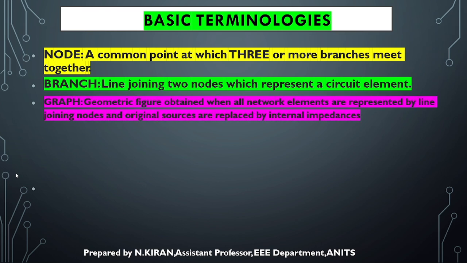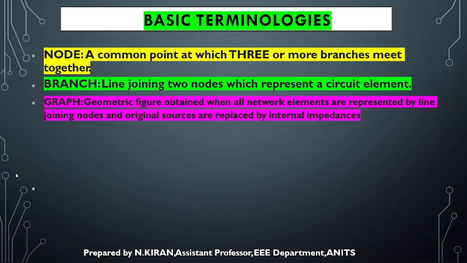Next, graph. So when you are given an electrical circuit, every element in that electrical circuit I have to replace by a line segment. That is nothing but we have to replace by a branch. So after replacing an electrical circuit by a geometric figure, whatever geometric figure we obtain, when we replace all the network elements that are present in the given circuit, that we call it as a graph.